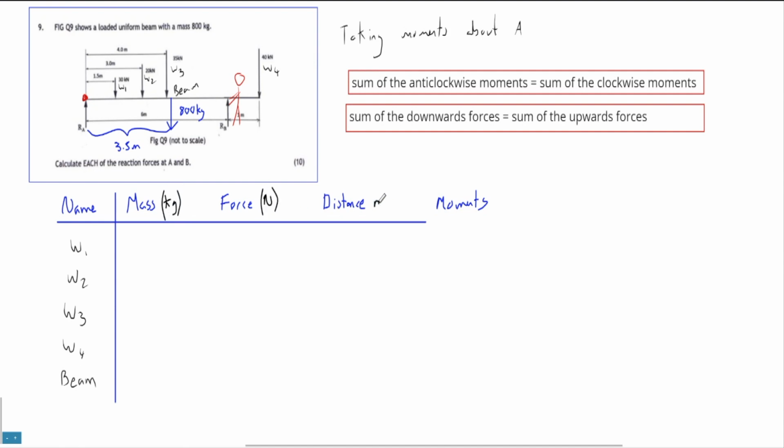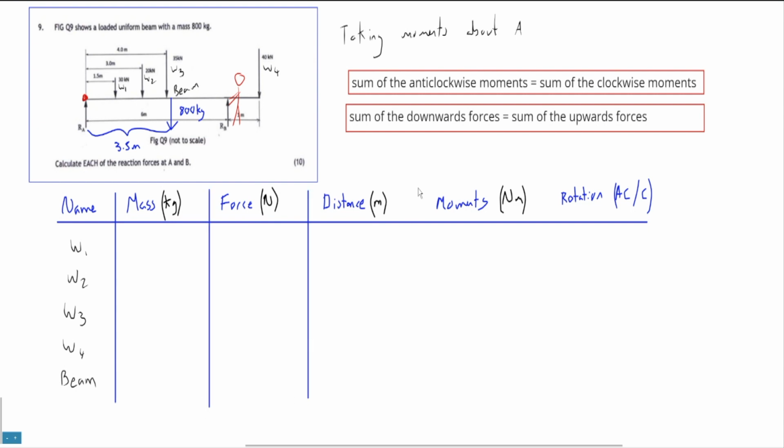The distances will be done in meters. The moments will be done in newton meters. And then we've got direction of force, which I normally just write as clockwise, anti-clockwise, but we could just write direction of rotation. That says rotation, and it's going to be anti-clockwise or clockwise. Great. Let me just drag that out, make it look like a table.